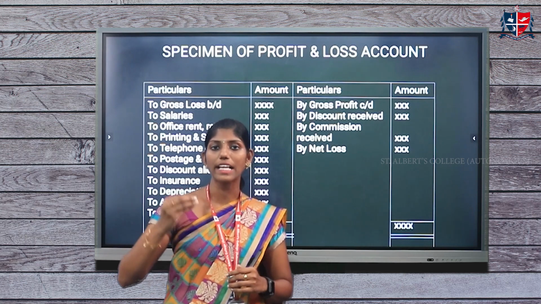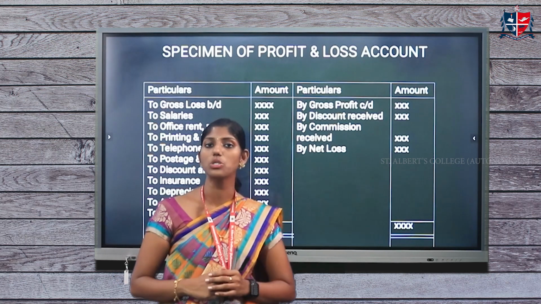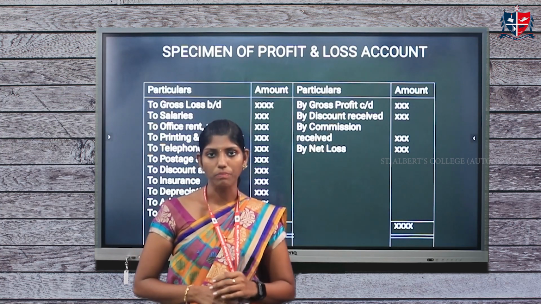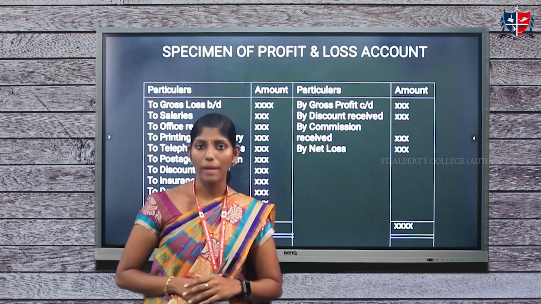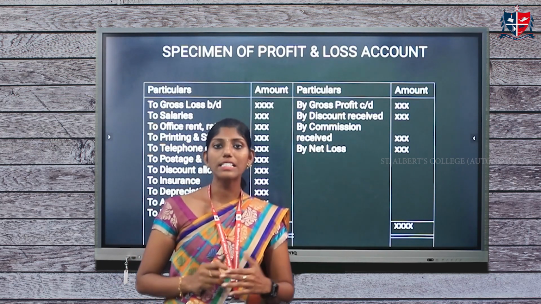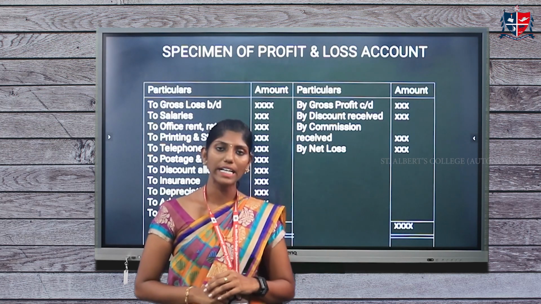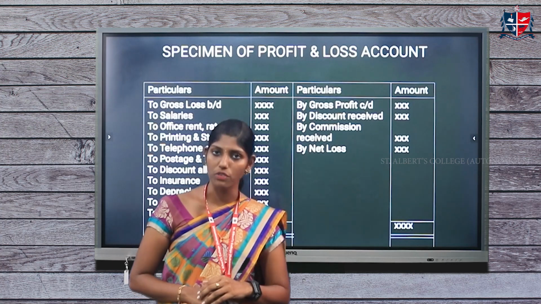Indirect expenses are the expenses which are not directly related to the manufacturing of a product. So salaries, carriage outwards, interest paid, discount paid, postage and telegrams, all these items come under the indirect expenses.